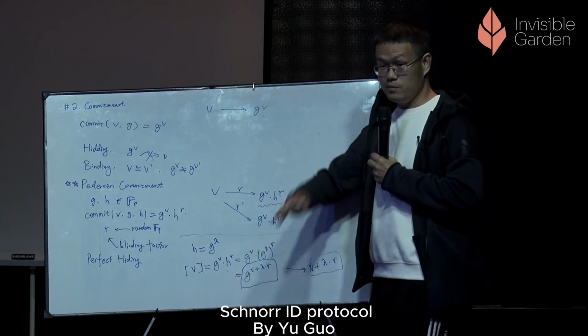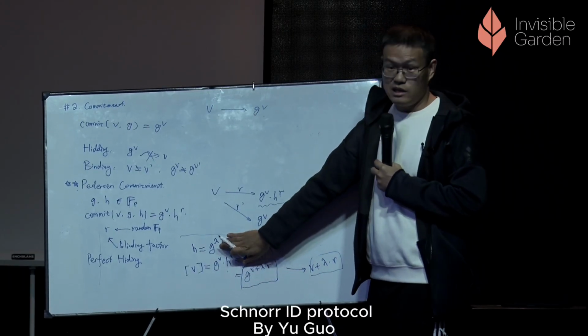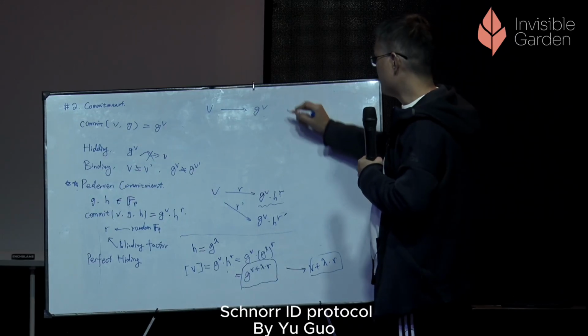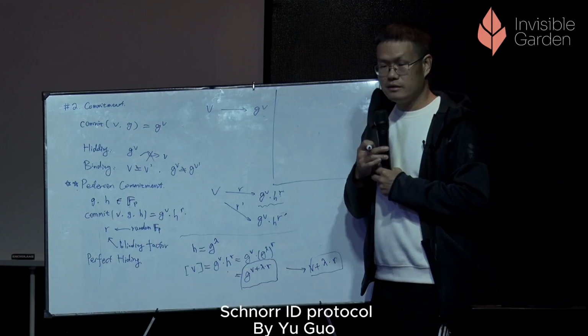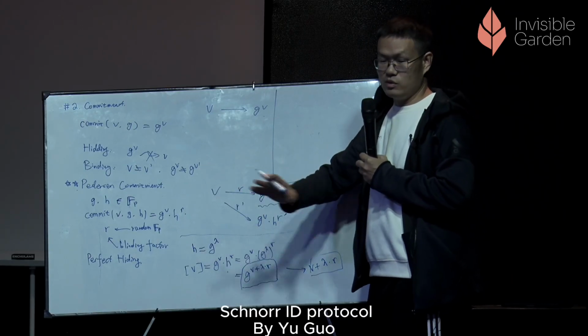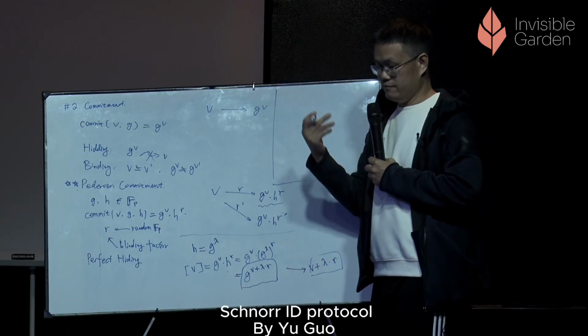If a committer, or anyone, knows lambda, then basically that person can attack this very simple protocol. It's one committer, another one verifier, who checks the opening.